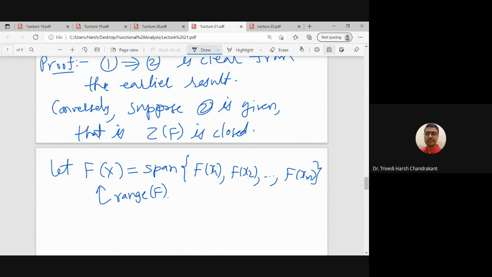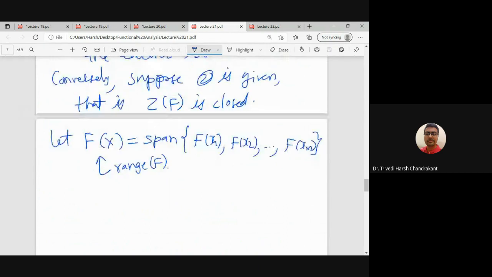So if the range is generated by f(x1), f(x2), ..., f(xm), then what can we say about any general element? Therefore, if we take any element x of the domain, then f(x) is a linear span of these vectors.